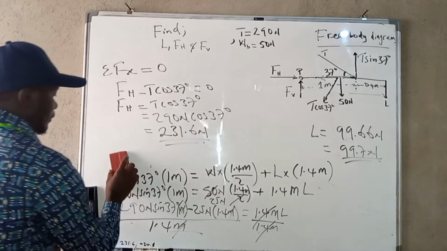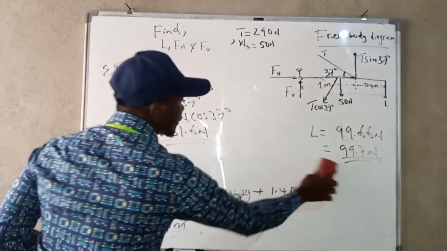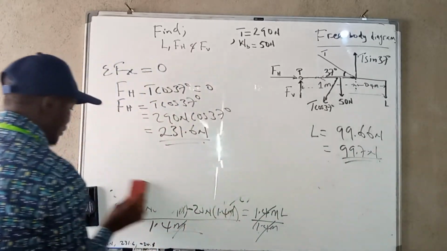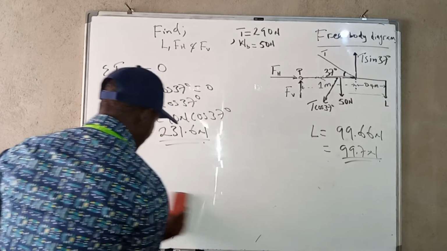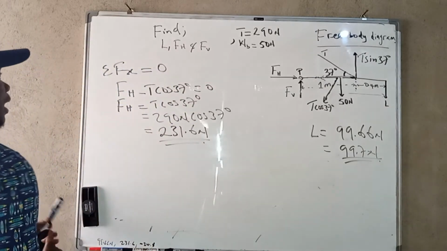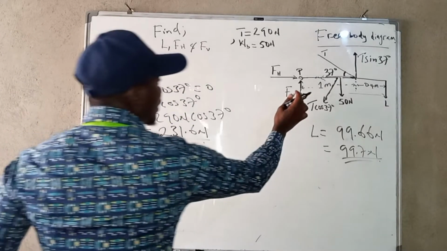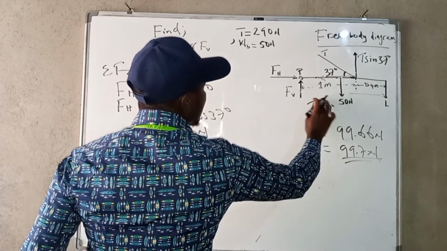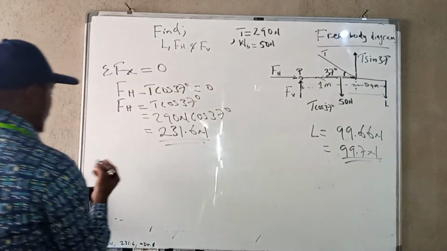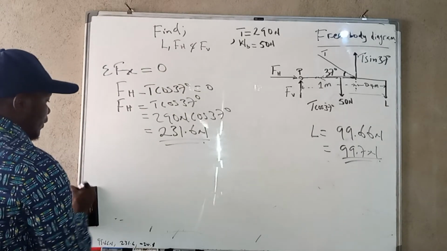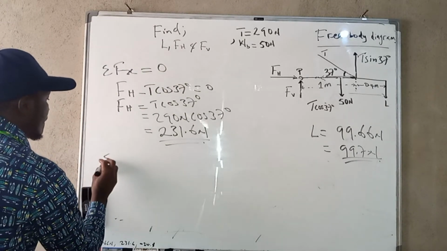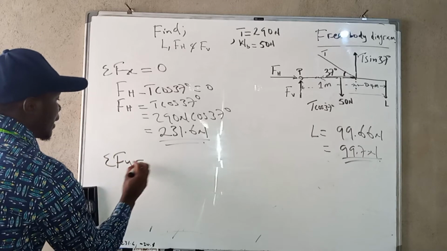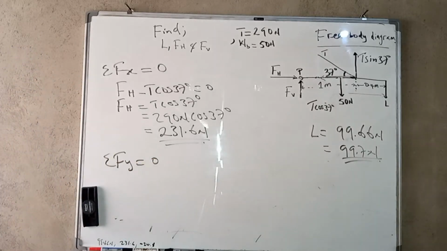And from this point, we can proceed to find the last one, where we have to find FV. Okay, so FV, we know that the summation of forces in Y must give us 0.